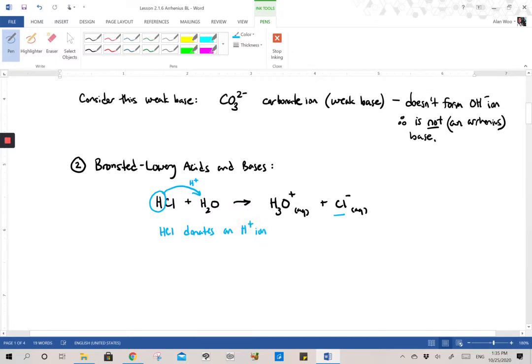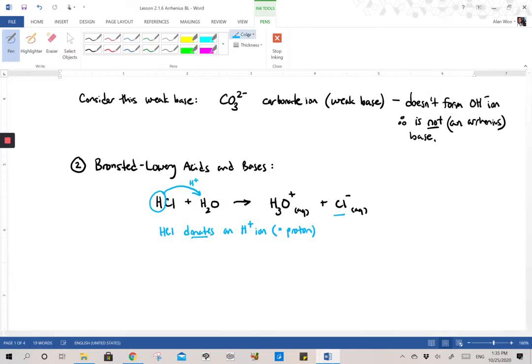Now, the H+ ion is actually the same thing as a proton. Because when you look at a hydrogen atom, one single hydrogen atom has one proton, one electron. So if you take away the electron and you're only left with a proton, that's your H+ ion, because hydrogen doesn't have a neutron present. So when we're talking about H+ ions, we're actually talking about protons. So either way, this acid donates an H+ ion or proton.